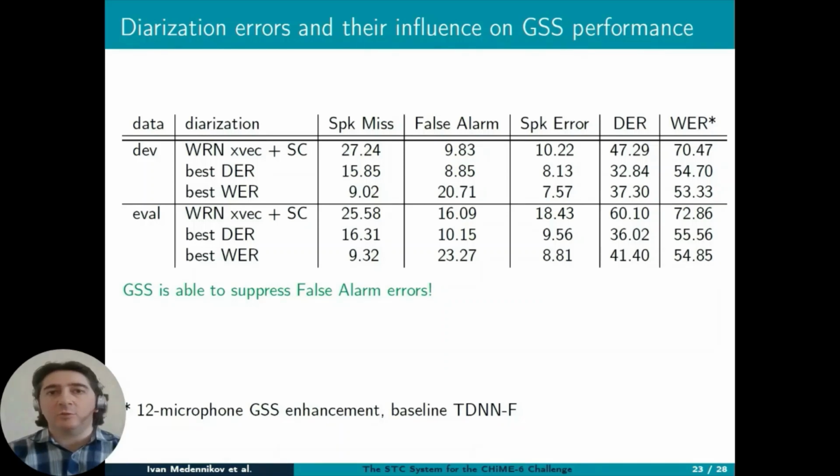Besides, the segmentation which provides the best speech recognition accuracy has a larger false alarm rate, but significantly lower speaker error and speaker miss rates. So the false alarms are not very harmful to GSS, unlike speaker errors and misses. Note that the sum of speaker error and miss rates is significantly less than the lowest possible error of clustering-based diarization, which is 25% as mentioned earlier.